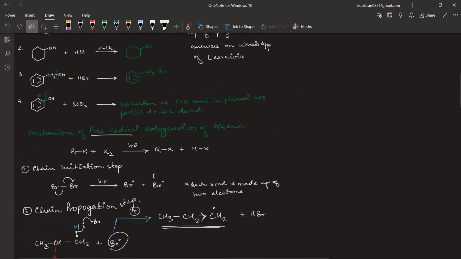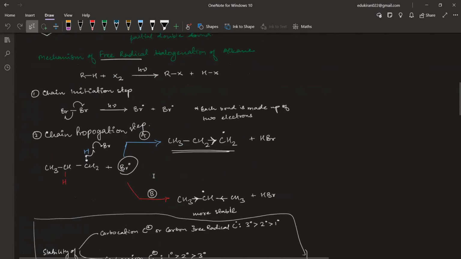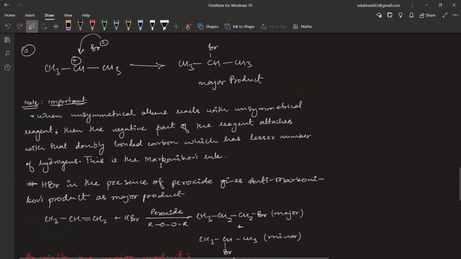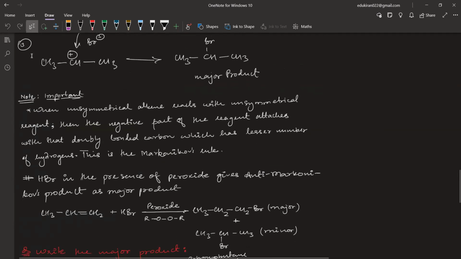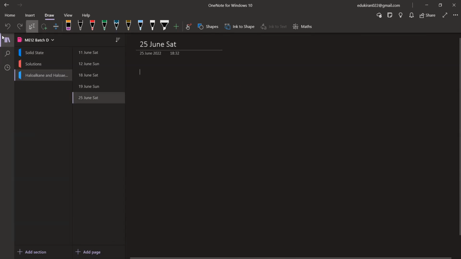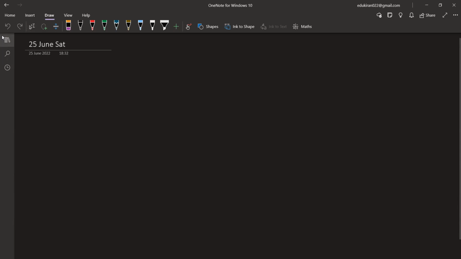We started with alkenes, hydrogen halide, in the presence of peroxide and in the absence of peroxide. Both are done. We have not done halogenation. So in alkenes only, we have the second type of reactions.